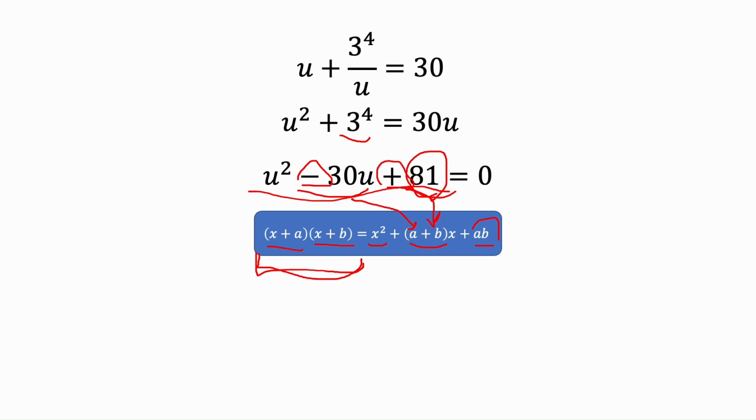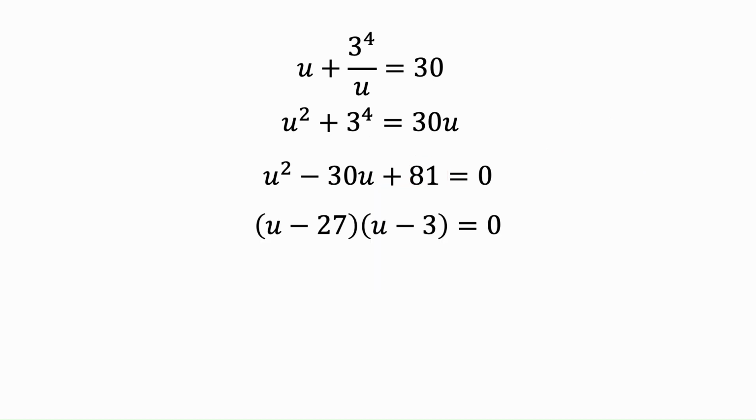So if we think about it, it's going to be minus 27 and minus 3. The summation is 30 and the multiplication is 81. So great. Now we can write this equation as u minus 27, this is our a, and u minus 3, this is our b, equals 0.